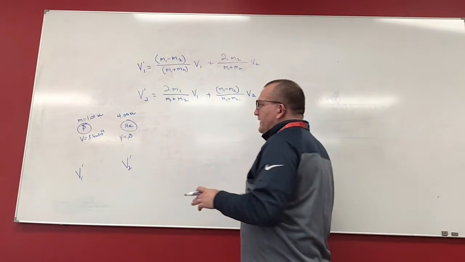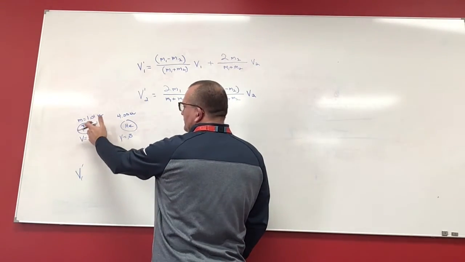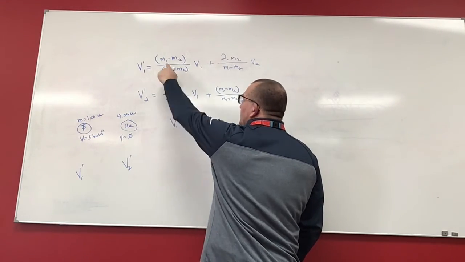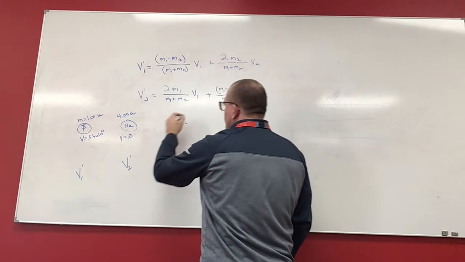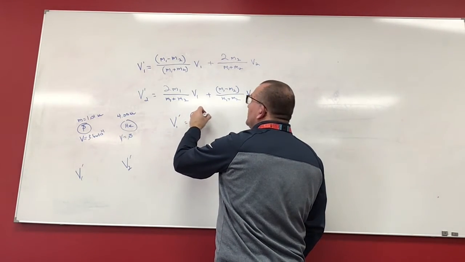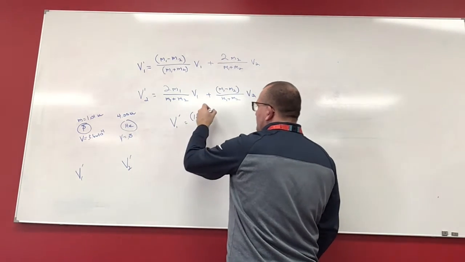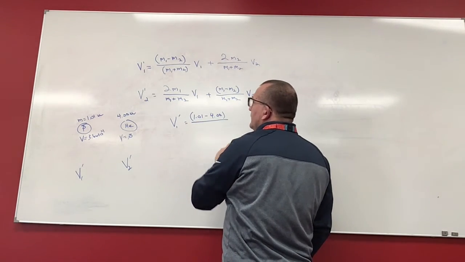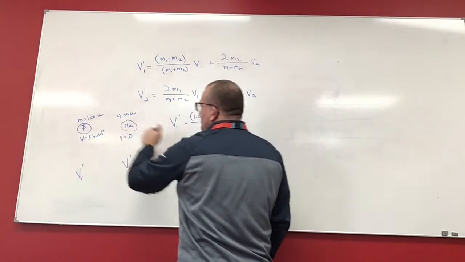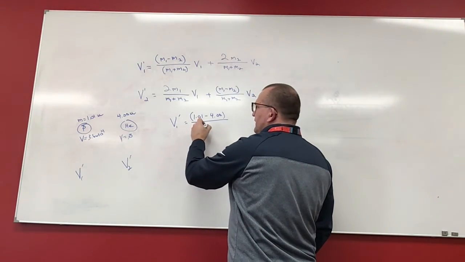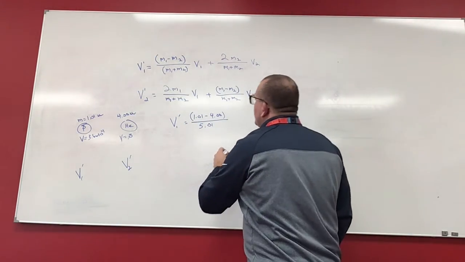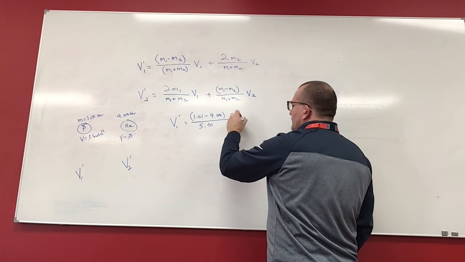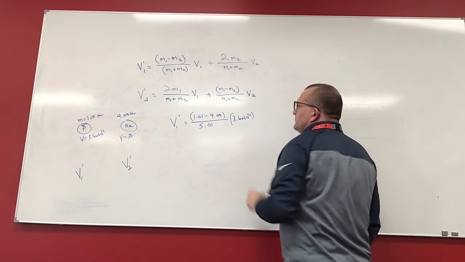So let's find the final velocity of the proton. I use this equation, v1 prime. M1 is this one, so it's 1.01 minus M2, which is 4, over M1 plus M2, so this plus this, 5.01, multiplied by V1, which is 3.6 times 10 to the 4th.